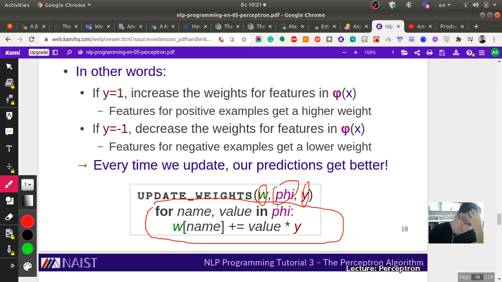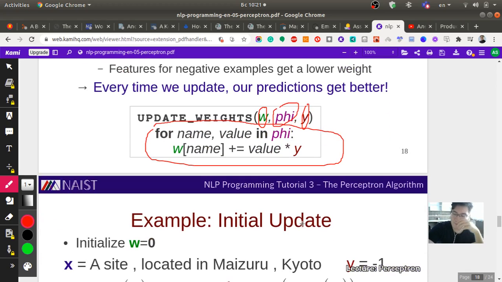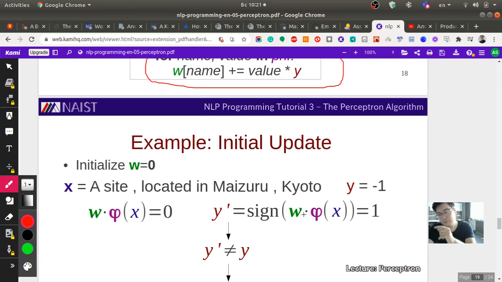For each weight value, you take the feature value and multiply it by y. So the positive values should get bigger, and the others smaller. If it must be a positive value, then its weight must be bigger, and if it must be negative, then its weight must be smaller.